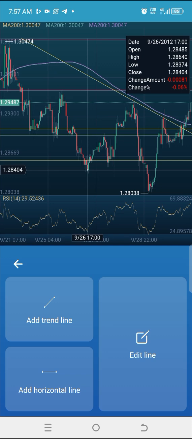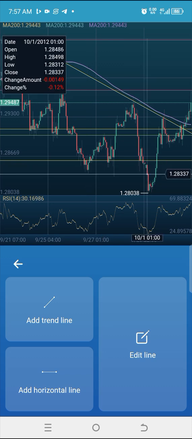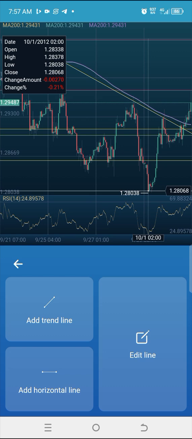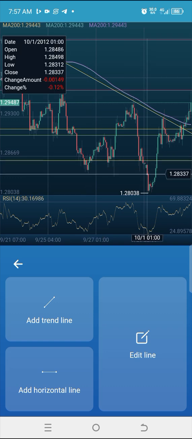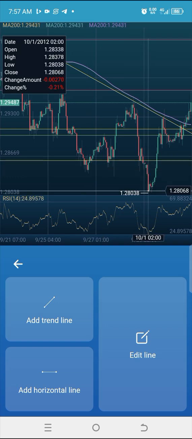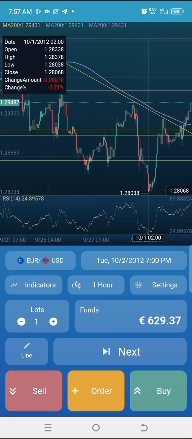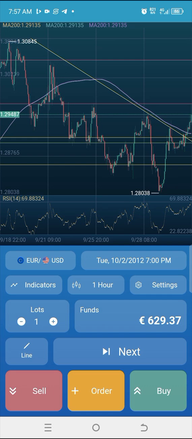So 29 and 24 looks to be some sort of oversold area, but there's no divergence at this point in time. Okay, but these are oversold areas, but there's no divergence at all.